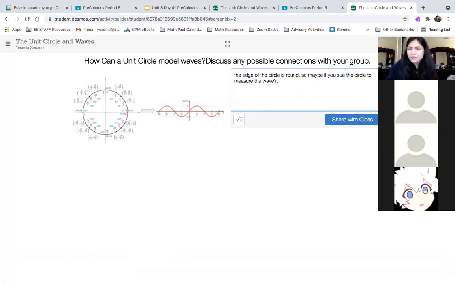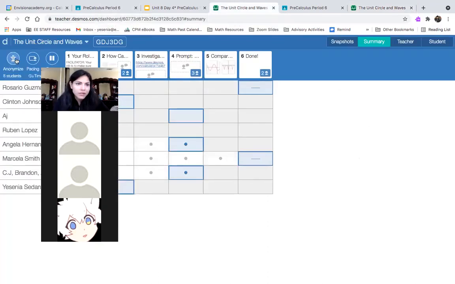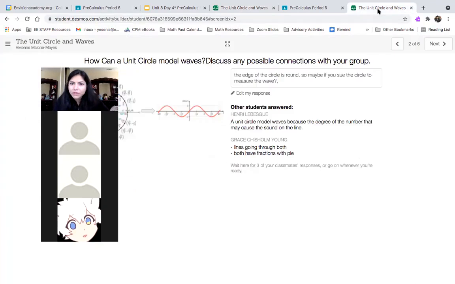Anything else, like Ruben or Gabriel, if anything is coming up for you, anything else that we can add to this, or do you feel like we're set? So we have, oh man, I didn't even anonymize the names. Let me do that now. There we go. So we have a unit circle models waves because the degree of the number may cause the sound on the line.